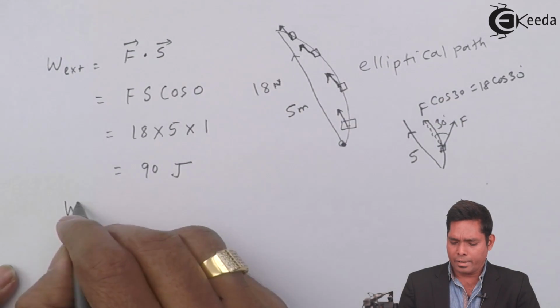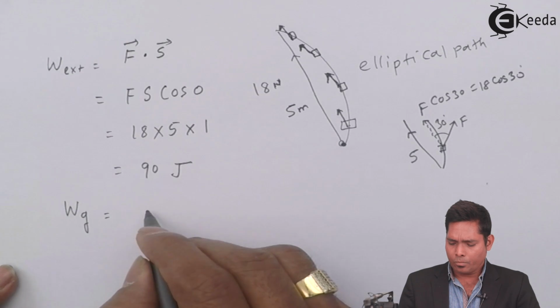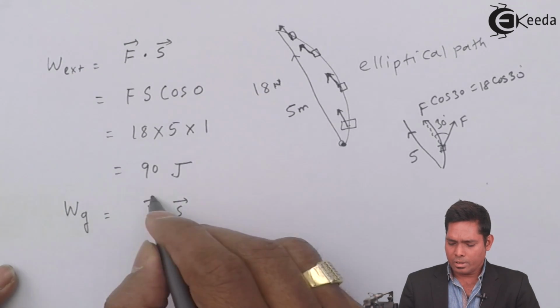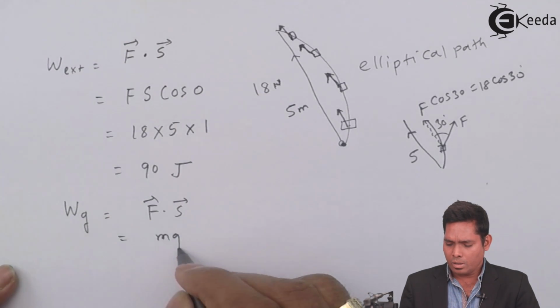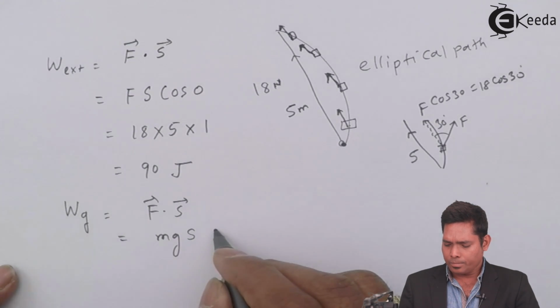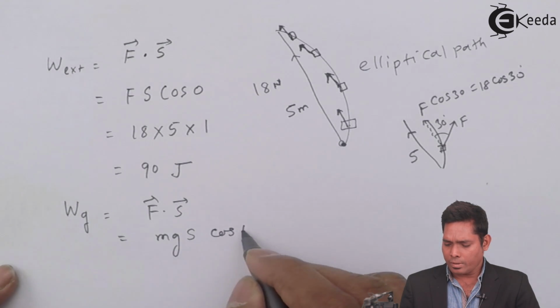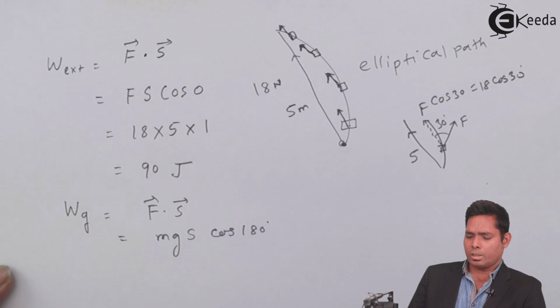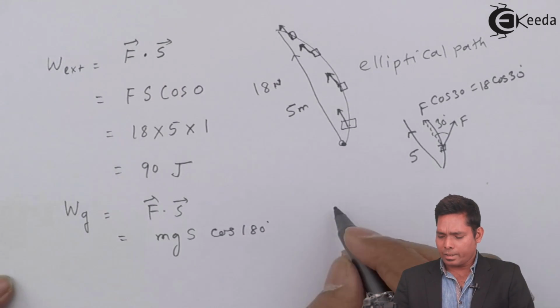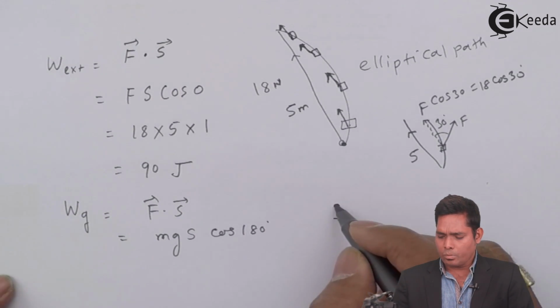So the work done by gravitational force is again F dot S, which is mg s cos 180 degree, because the gravitational force acts downward and the body is moving upward.